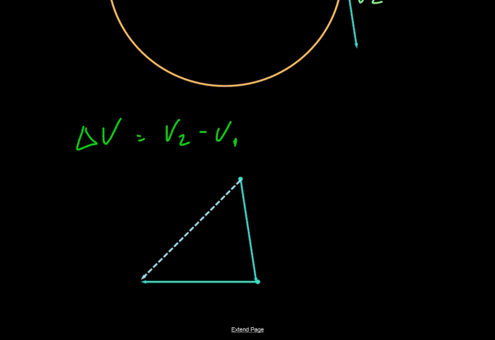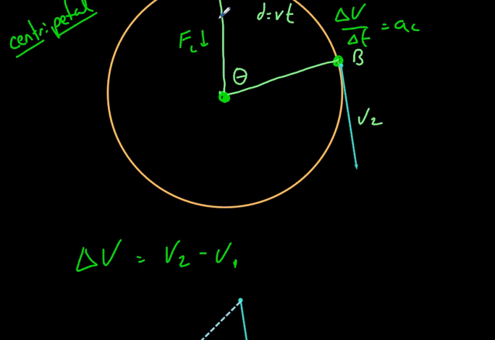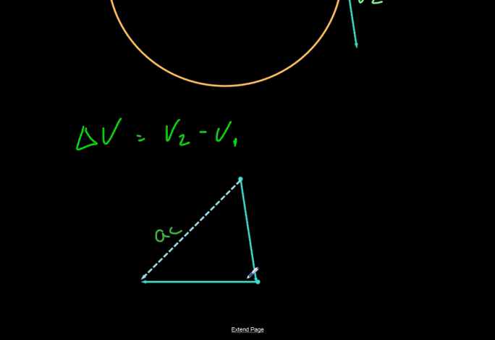And what we're going to say is, well, this is the acceleration. This happens over a time. This is our centripetal acceleration. And we're also going to say that this theta and this theta end up being similar to each other.